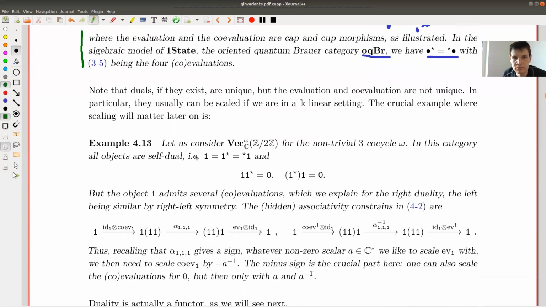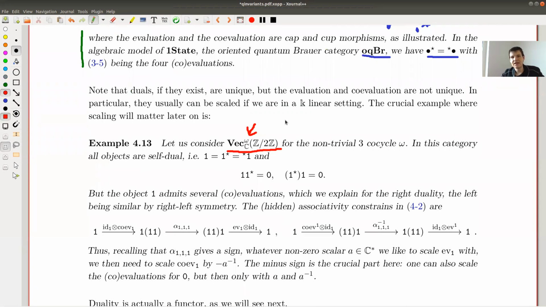Okay. Also, it's a bit tricky. Of course, there's my other favorite example. It's those group-graded vector spaces, which you can potentially twist. Remember that you can potentially twist them by a cocycle, which is this omega.